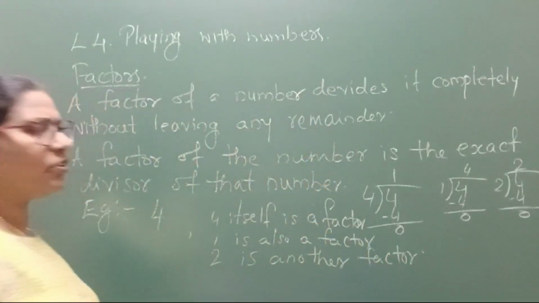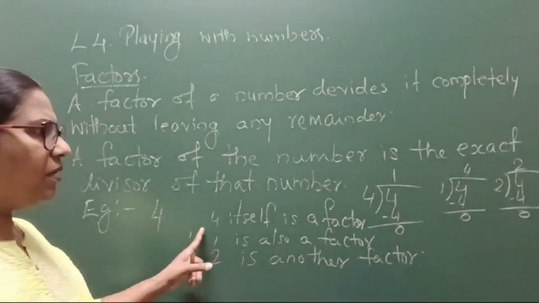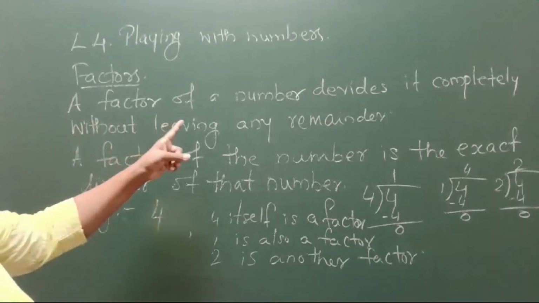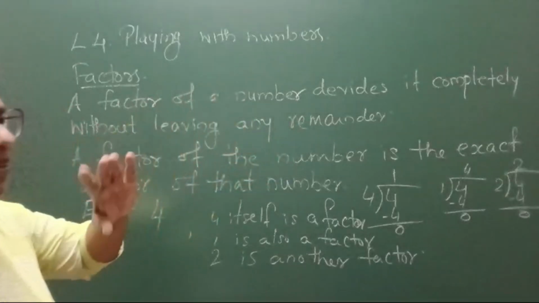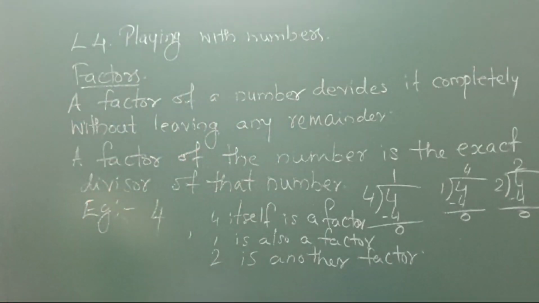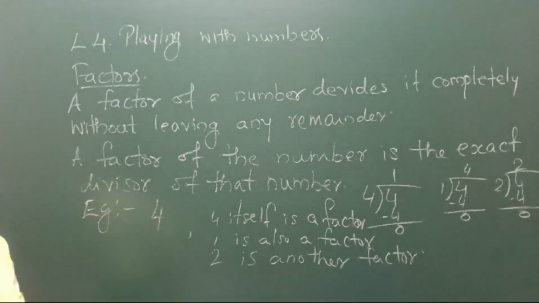So what are the factors of 4? 4 itself. 4 can be divided by 4, then we get quotient 1, remainder 0. A factor of the number is the exact divisor of that number.